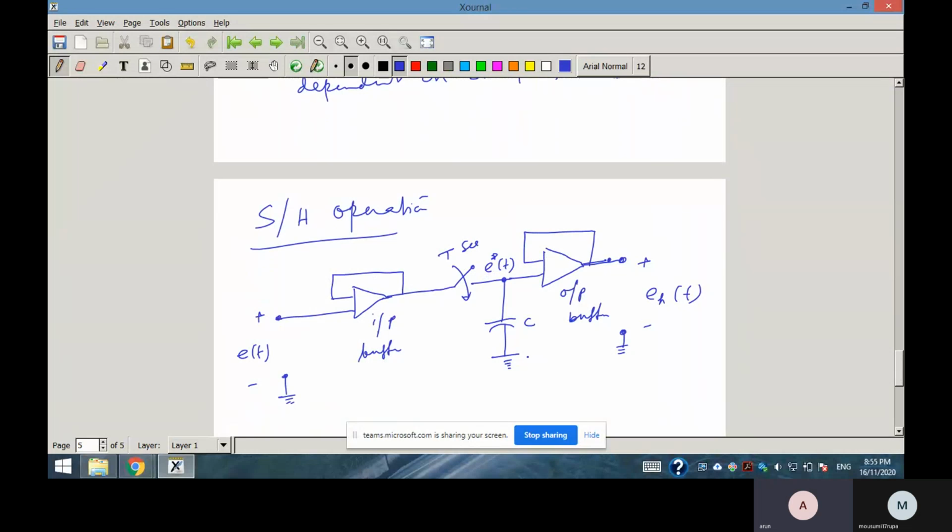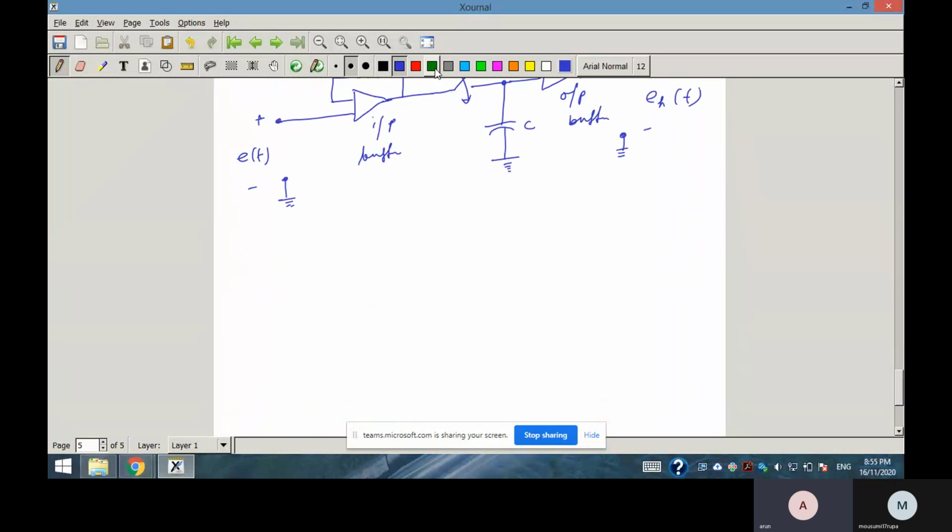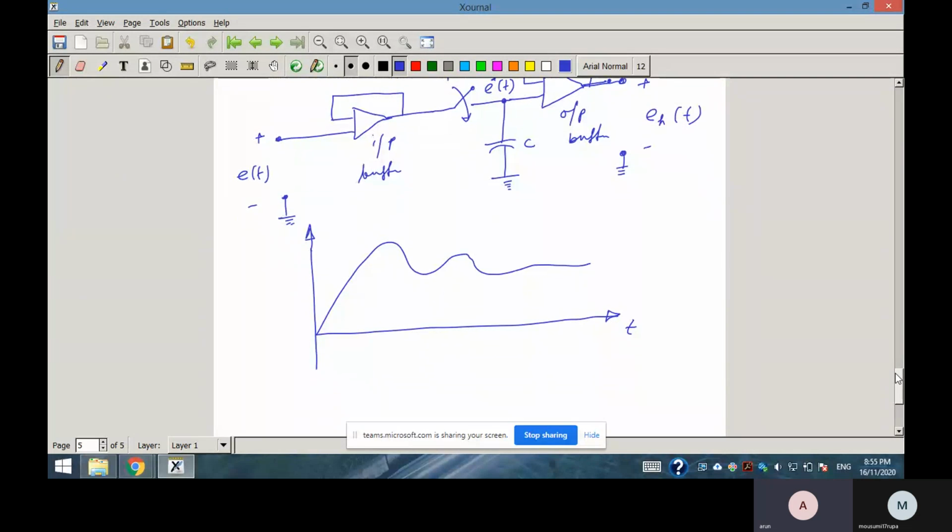So now you can easily see that if your error signal is suppose like this, what will happen? What will be your E star T? E star T will be just at every T interval.